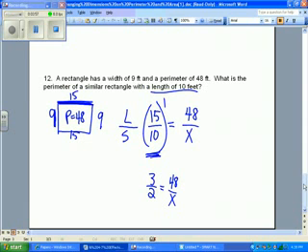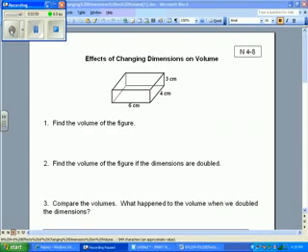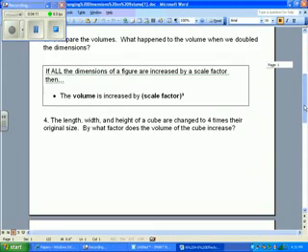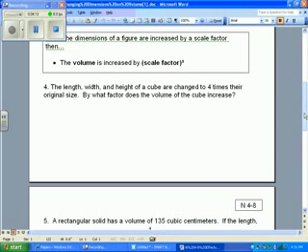Okay, but now what I want to do is actually go to the notes on volume dimension changes, and I think I left that first page off of what you have copied. But you can see that with volume, since we're dealing in 3 dimensions, you have a situation where your scale factor is being affected 3 times.